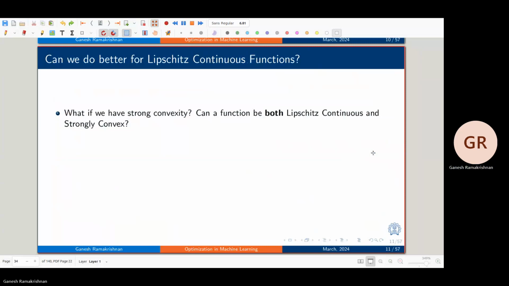Yeah, so hinge loss plus regularizer. L2 regularizer. Hinge loss plus L2 regularizer, right? Of course, logistic loss plus L2 regularizer is Lipschitz smooth and strongly convex.